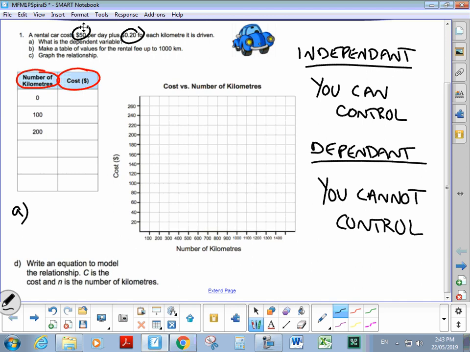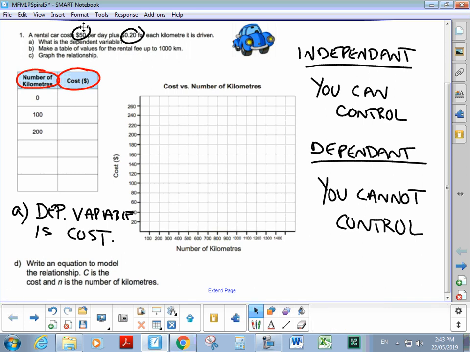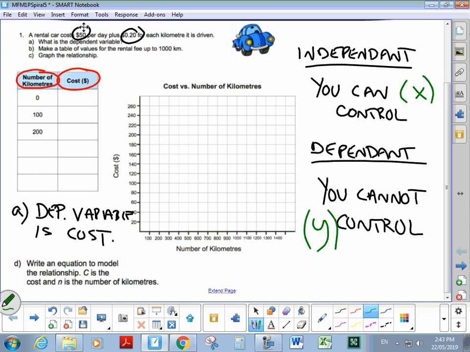So the dependent variable is cost. The other way to remember this: the independent variable is always x, and the dependent variable is always y. So there's question A taken care of.